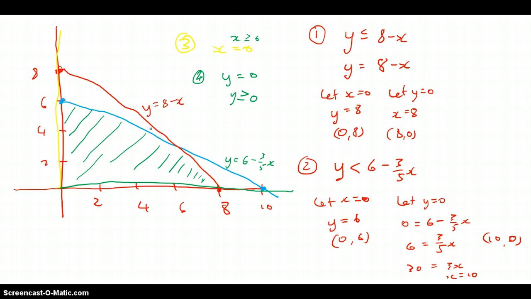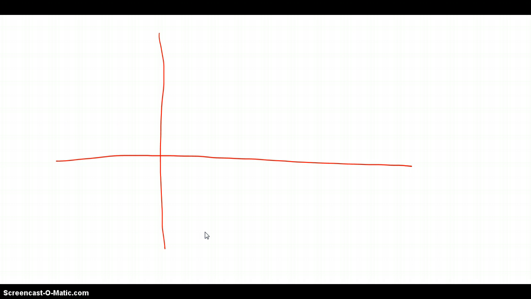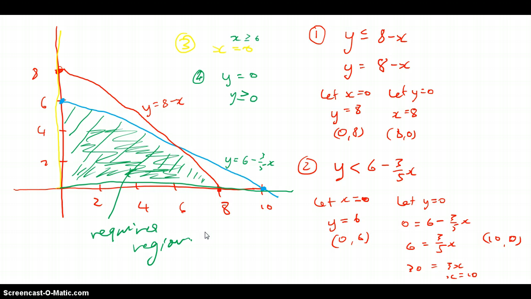If I wasn't restricted under the red line, I would color it in all the way through to this point. But in this case, since we also have the restriction that x is greater than 0, everything's going to be to the right of this green line, and y is greater than 0, so everything's going to be above this yellow line. This region right here is the region that I require. So all we need to do now is just label it required region. Hopefully this does help you.